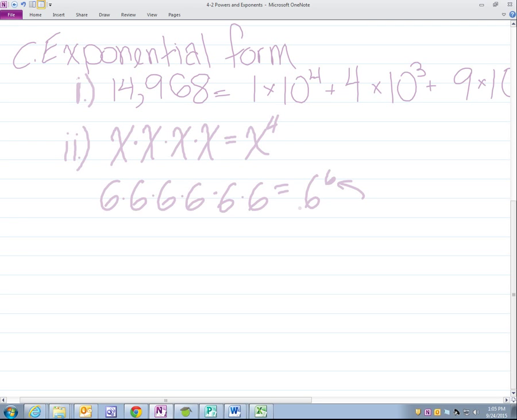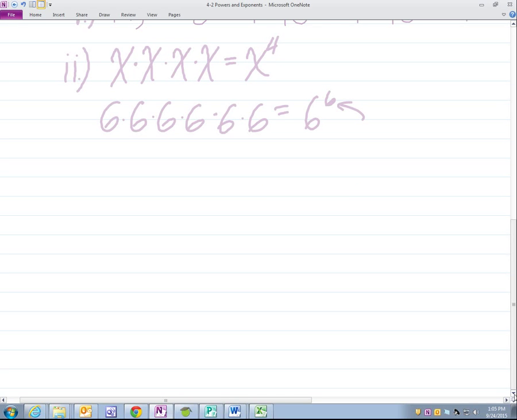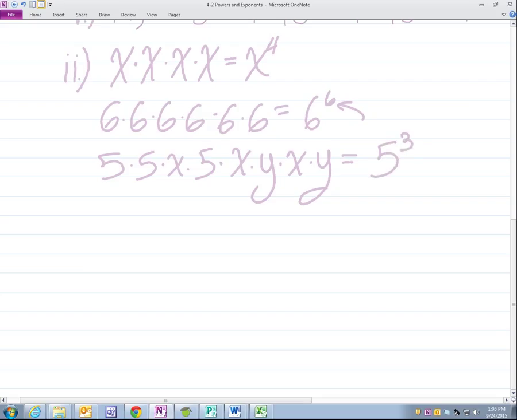Now I can also do other things in exponential form. If I ask for that in exponential form, what are we going to do, Chris? x to the third times y squared.